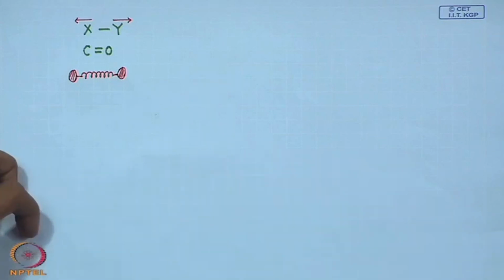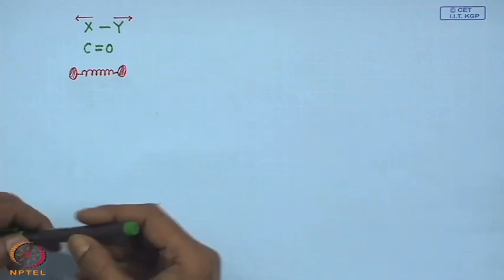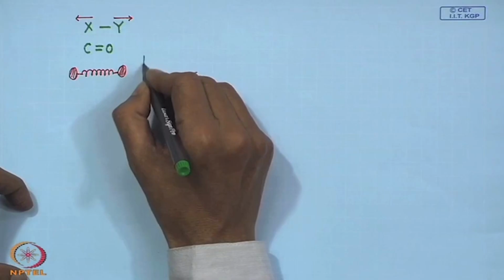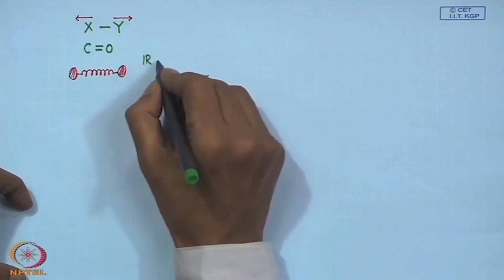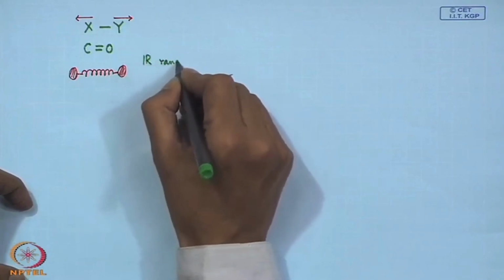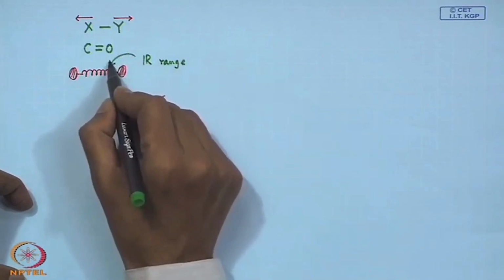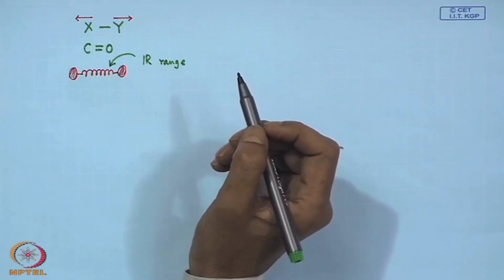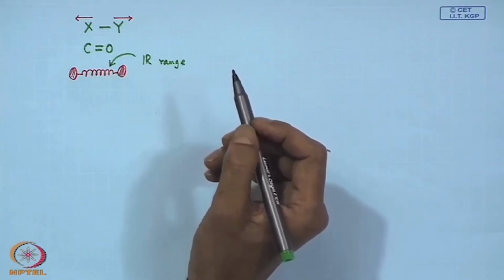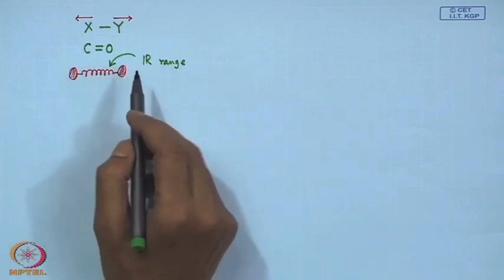So, as we give radiation in the IR range, the IR frequencies can be absorbed by this particular bond stretching for the atoms which are connected together.